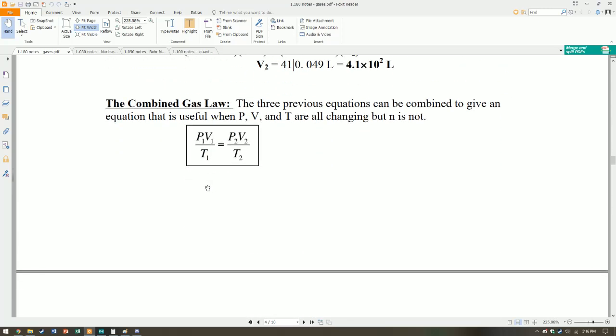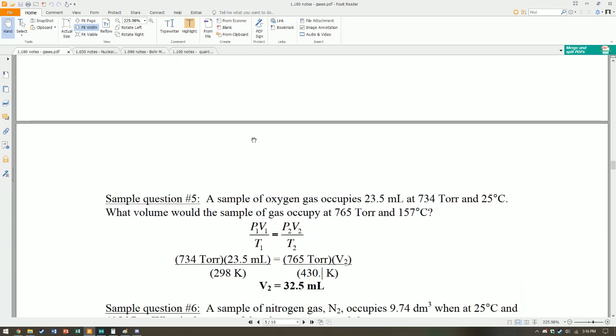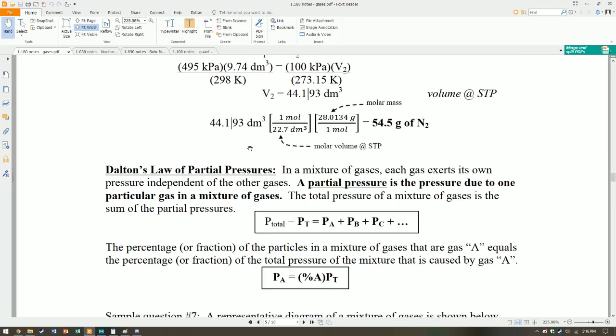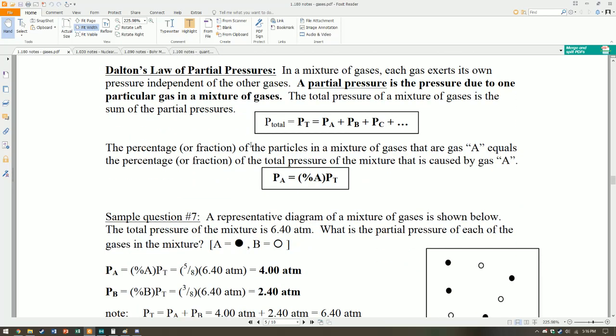We can combine these relationships to get the combined gas law, which is this, and it's more or less just combining some of those ideas. And lastly, we need to know about Dalton's law of partial pressures, which basically says that the sum of the pressures of each individual gas is the total pressure in the container.